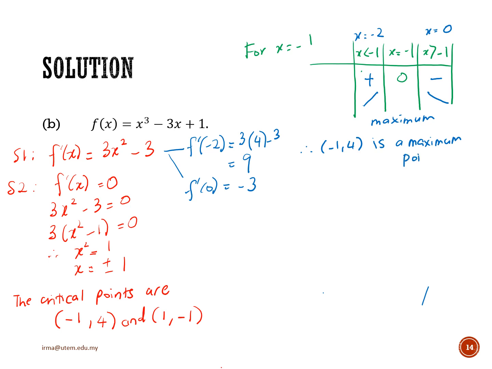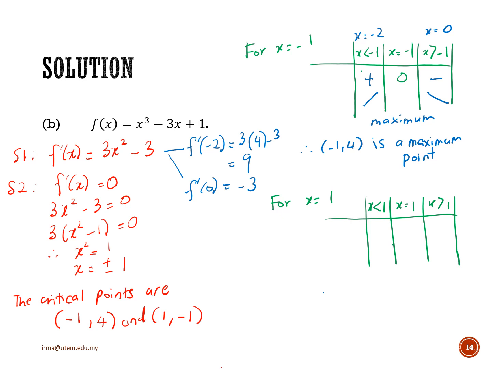Okay, so let's proceed with x equal to 1. We construct the table here. This is x equal to 1, this is x greater than 1, this is x less than 1.